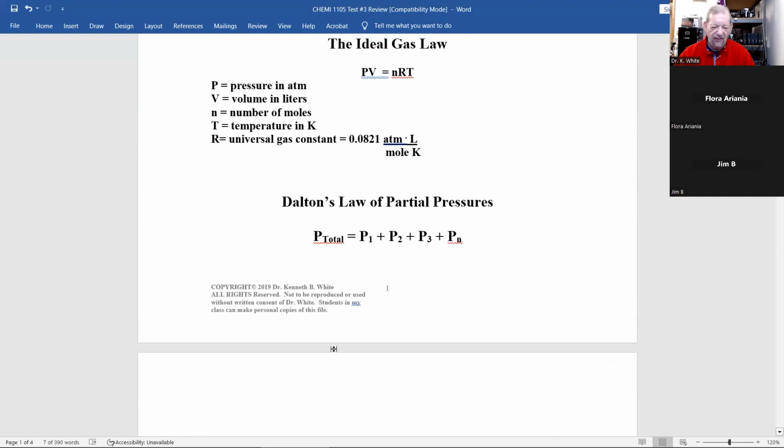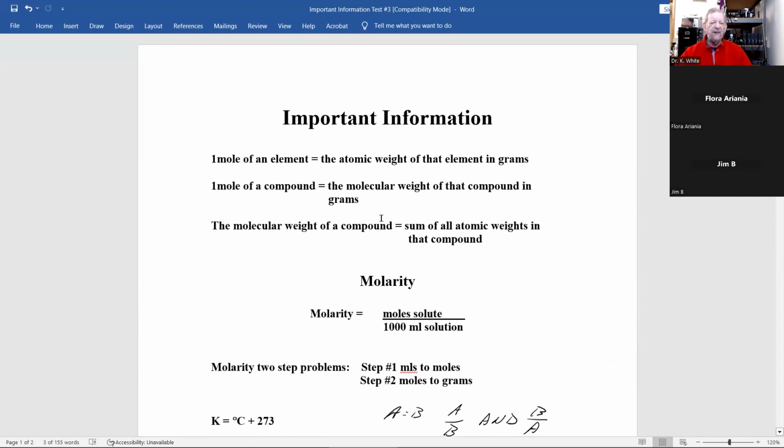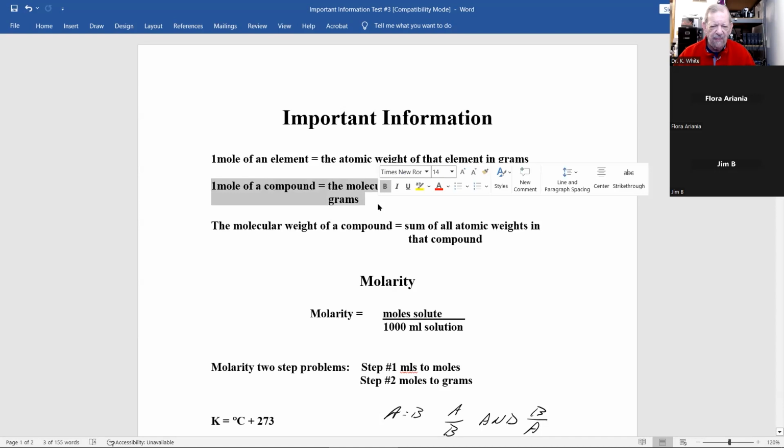I'm looking at the wrong thing. I'm looking at the right thing. You notice important information, test number 3, 1 mole of a compound equals the molecular weight of that compound in grams.